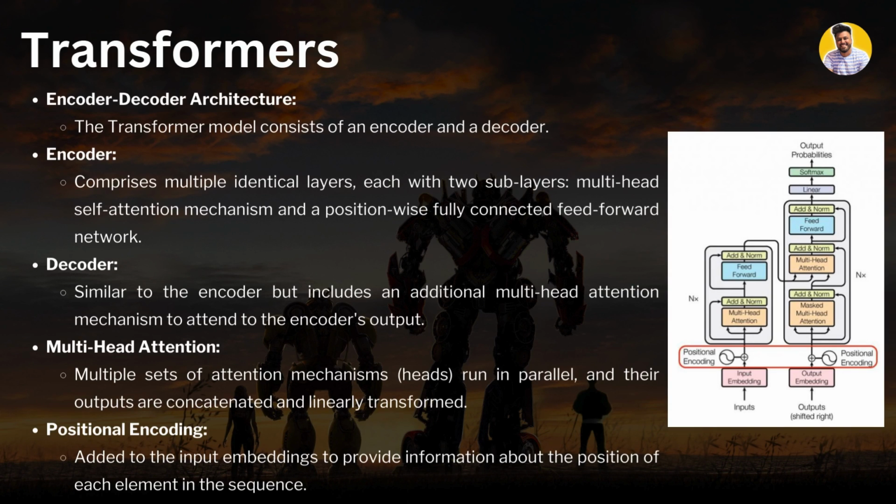Now the next thing, the decoder, is similar to the encoder, but includes additional multi-head attention mechanisms to attend to the encoder's output. So when the input gets encoded via the multi-head attention mechanisms, it gets decoded here, so we need multi-head attention mechanisms here as well.